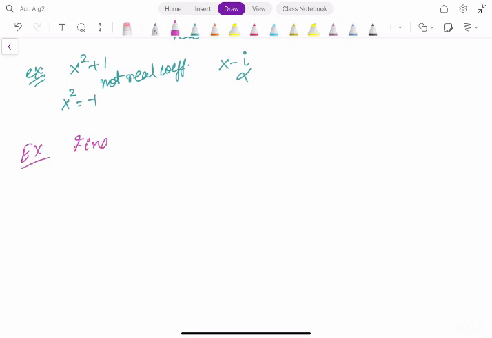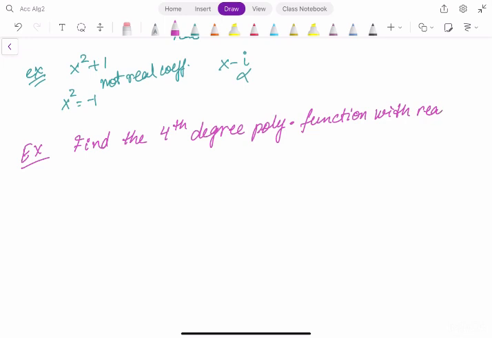So find the fourth degree polynomial function with real coefficients that has negative 1, negative 1, and 3i as zeros.